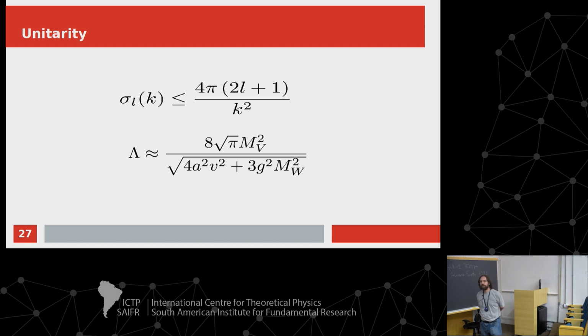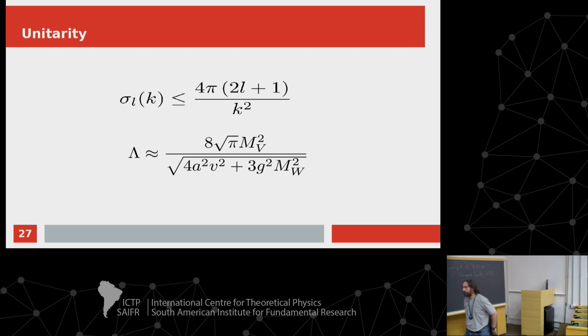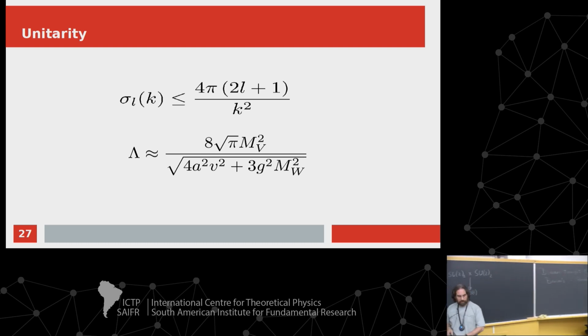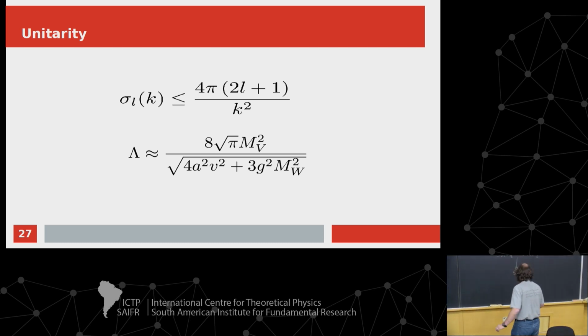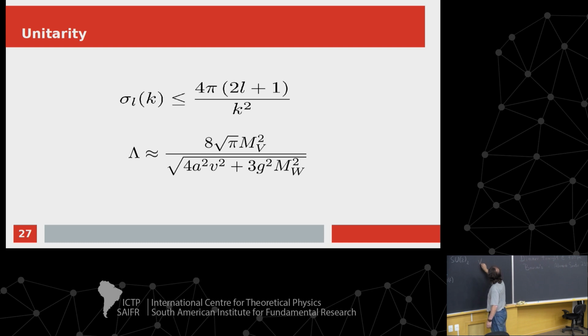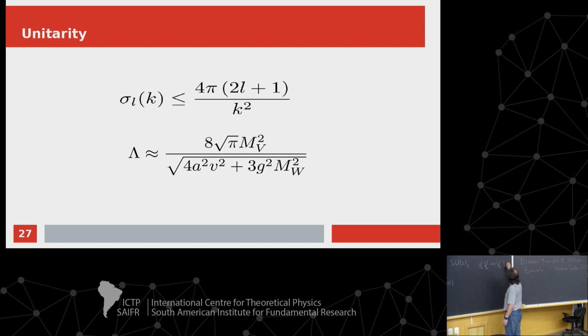Yes? Which process is violating unitarity? Is it scattering or is it involved in electroweak? Okay. Originally, we checked this channel, and not in the standard model, but in the original general construction, it was the scattering of the gauge bosons producing the longitudinal vectors of the massive one.